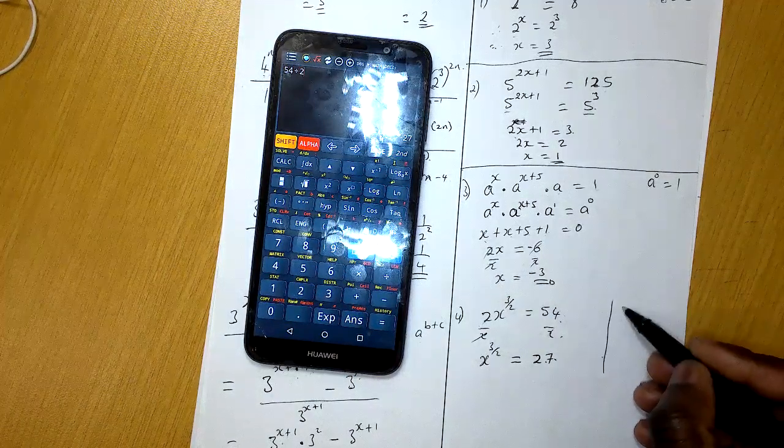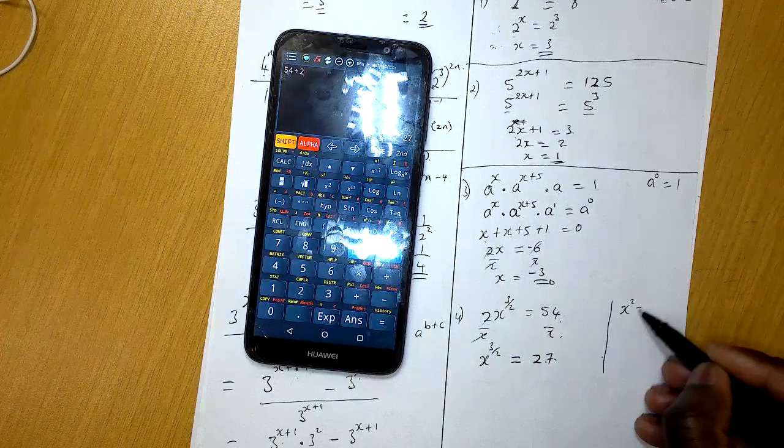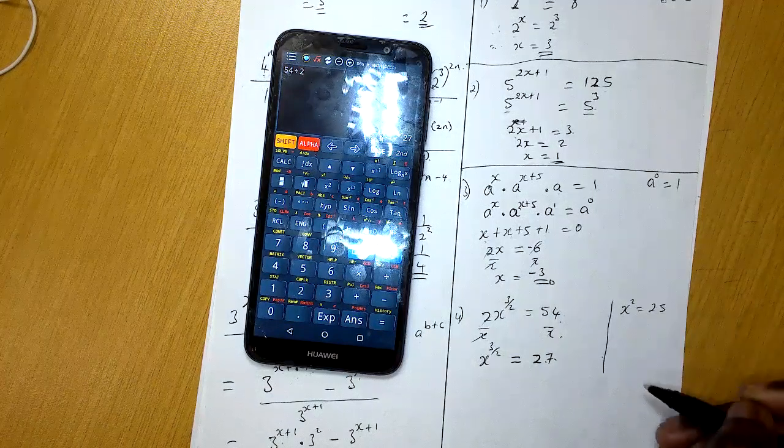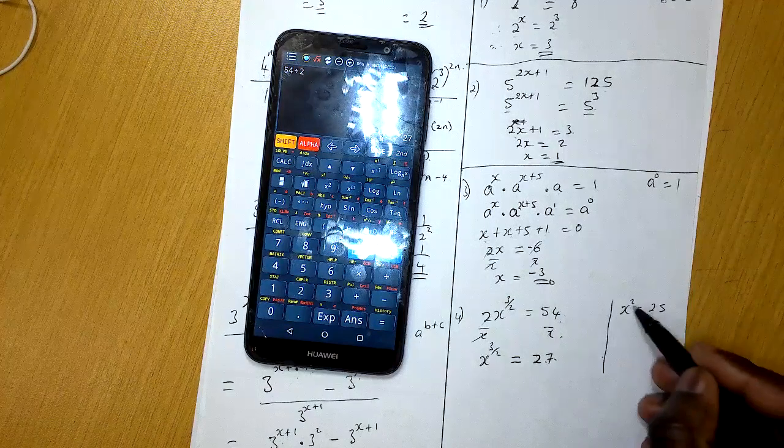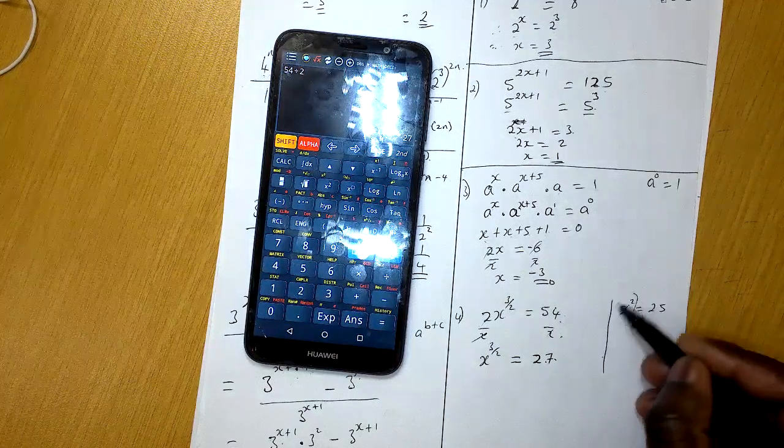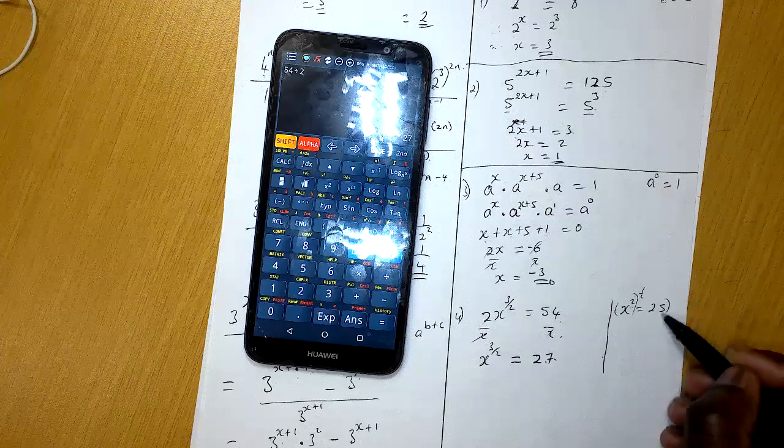When you're told that x squared is equal to 25, this means that for us to remove the power 2, we must raise both sides to the power of half.